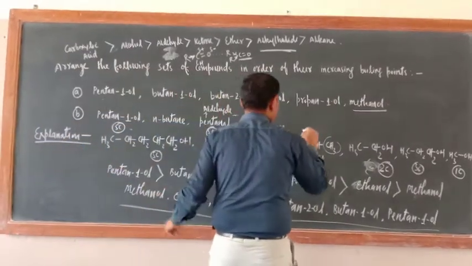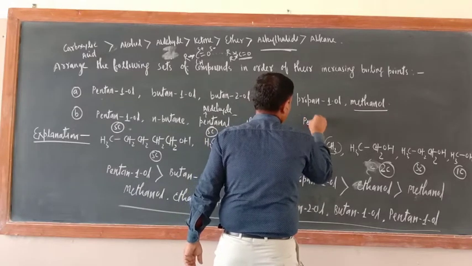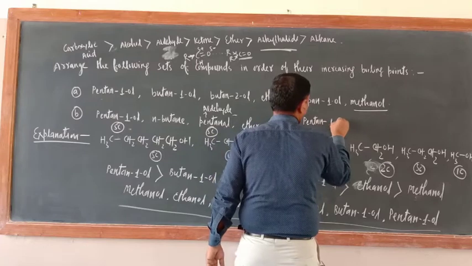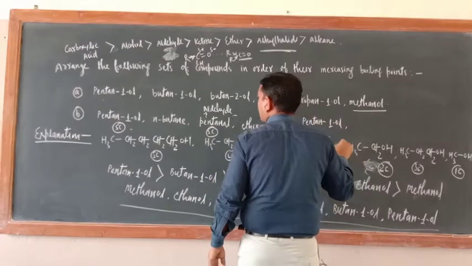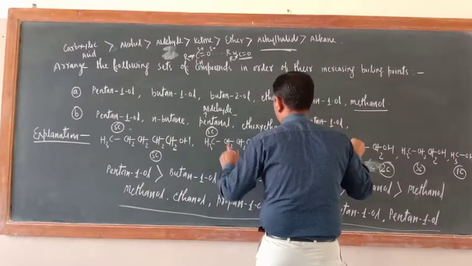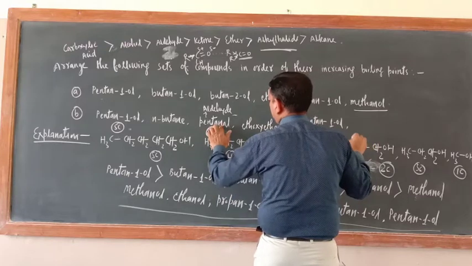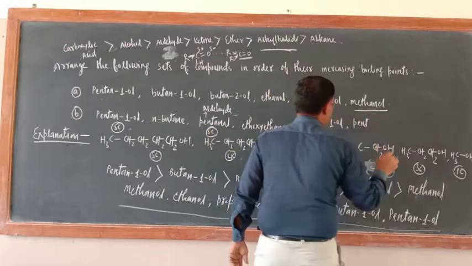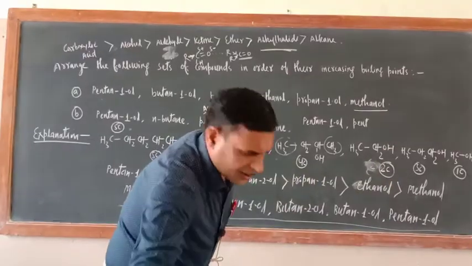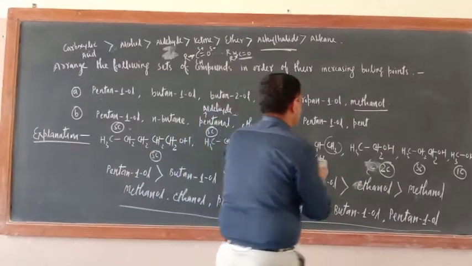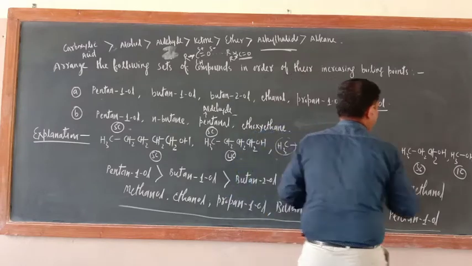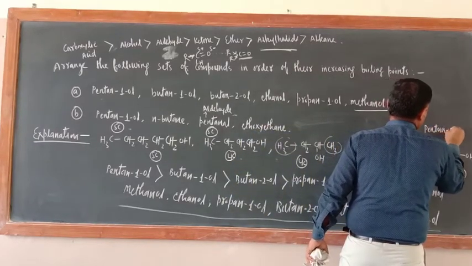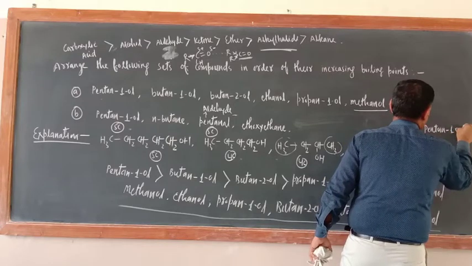The first one would be pentan-1-ol only. Then the next one would be the aldehyde, pentanal. They are asking for increasing order, so we should start from this side. Just see, pentan-1-ol.